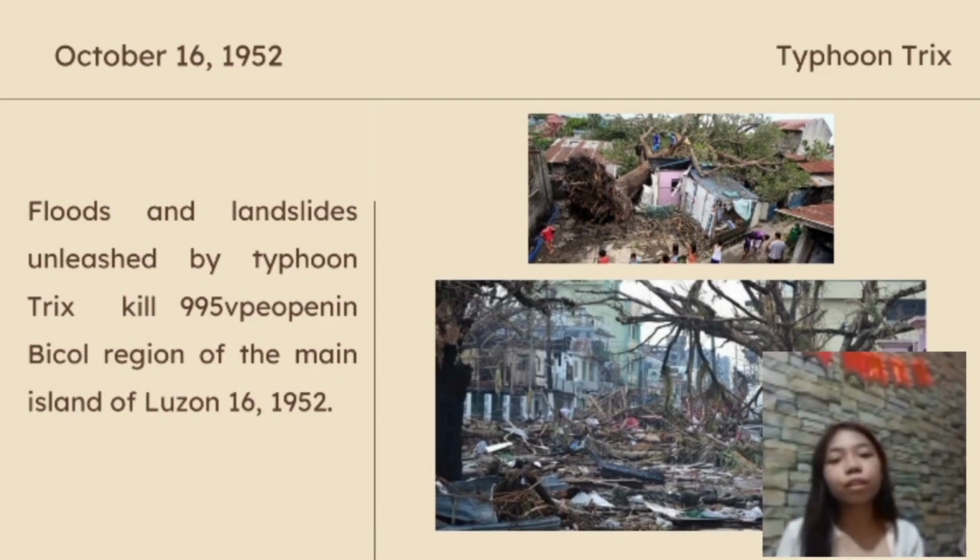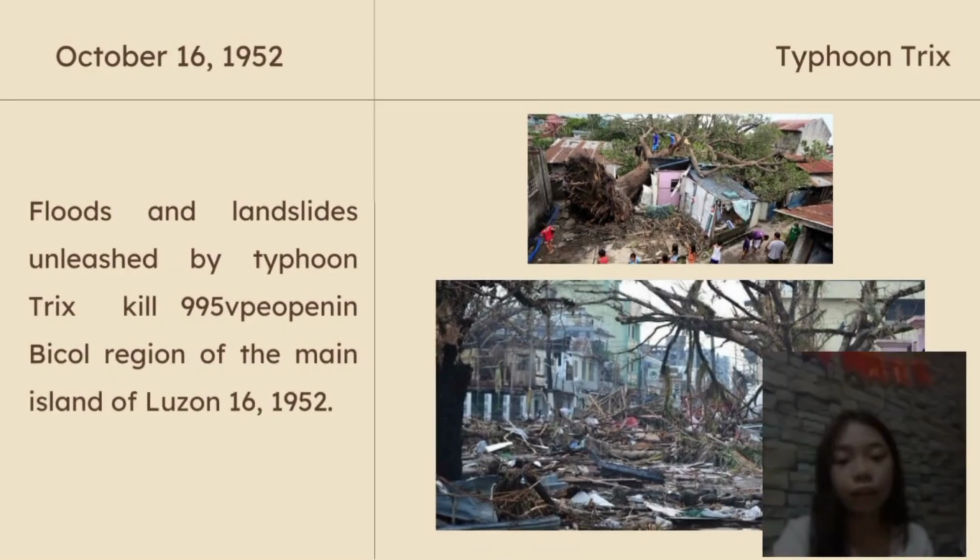Typhoon Trix was a devastating and deadly tropical cyclone of the 1952 Pacific typhoon season that severely impacted the Philippines and also affected the coast of Indochina, particularly Vietnam. The severe effects of Trix were on the Visayas and southern Luzon, where croplands, houses, and communication and transportation services were disrupted and destroyed as a result.